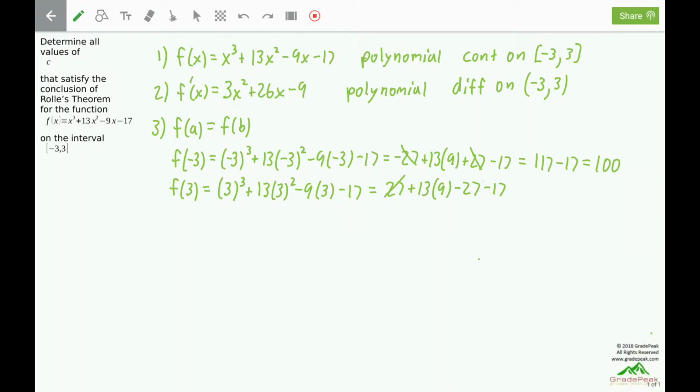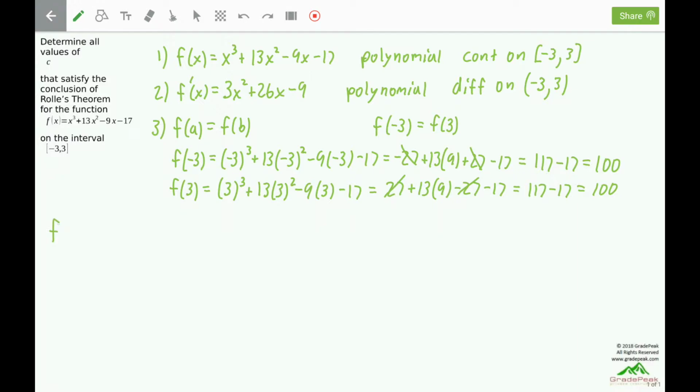And once again, the +27 and -27 can cancel. 13 times 9 is 117 minus 17, and so this also comes out to an even 100. We do have that f of -3 equals f of 3, and condition 3 is met. We have all three conditions being met here, and therefore Rolle's theorem does apply.